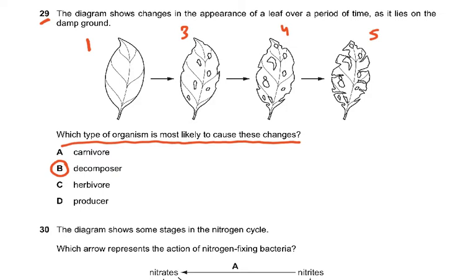And this leaf is lying there, its shape is the same, and slowly it is developing tiny holes, and then the holes are becoming bigger, and then slowly the edges are all becoming frayed. Now how could a herbivore be an answer to this? I just don't understand.